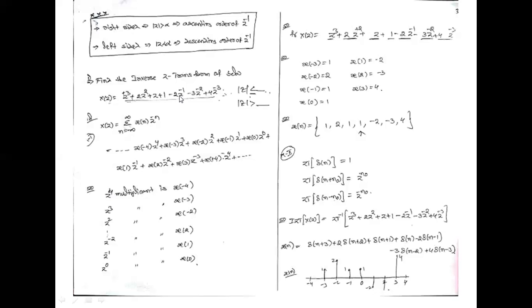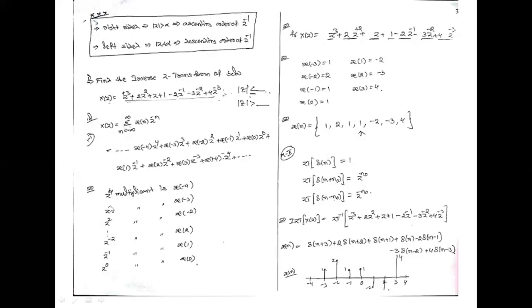And now, the given function is z cube plus 2z square plus z plus 1 minus 2z power minus 1 minus 3 z power minus 2 and 4 z power minus 3. So for x of minus 3, the positive power is z cube.